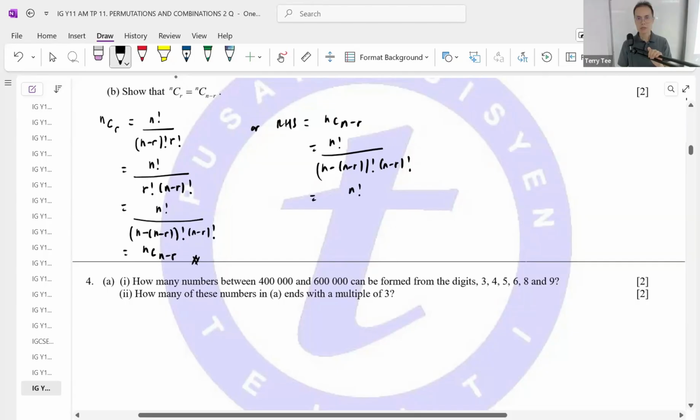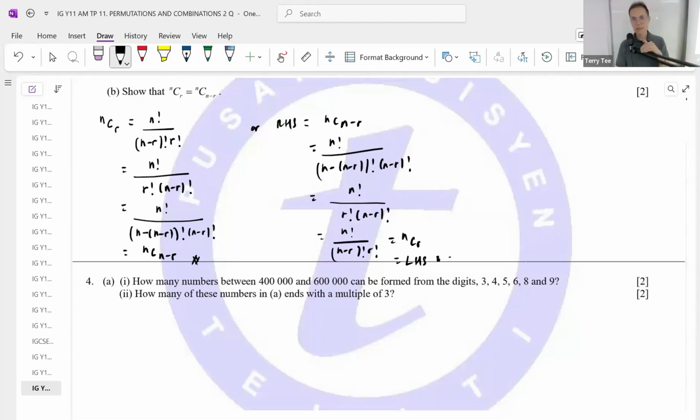So that is n factorial over r factorial, followed by (n minus r) factorial. We just switch the position, and that is your nCr, which is my left hand side. So instead of starting from the left, we can start from the right and get our answer towards the left. Yeah, it's only 2 marks.